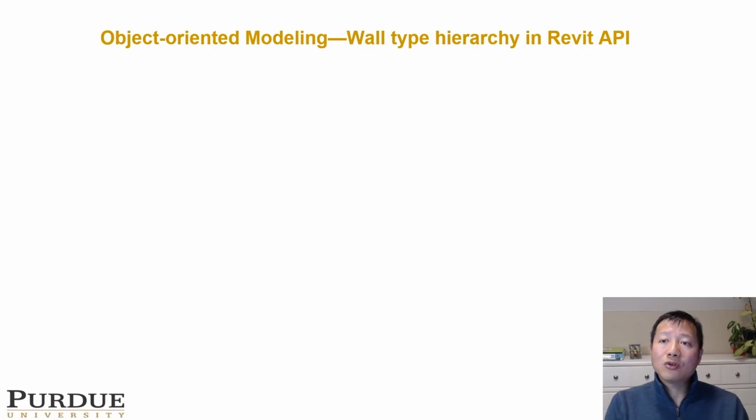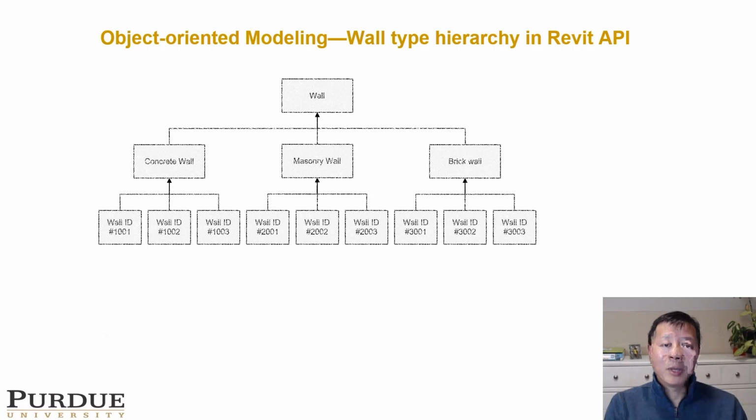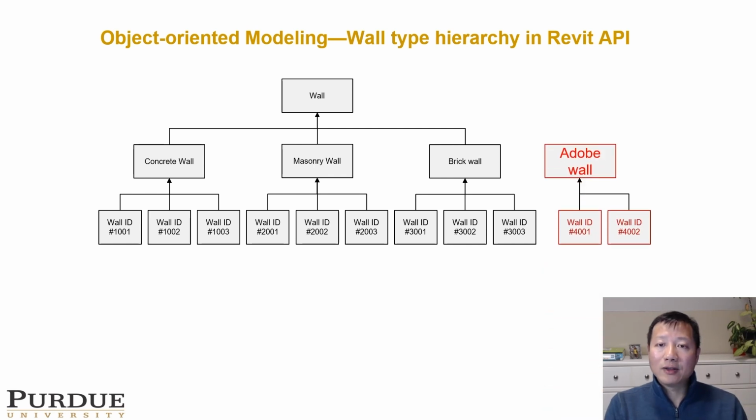So how do we implement that in the Revit API? Let's say you have your wall, and by default you have concrete wall, masonry wall, and brick wall. They are all specializations, right? You can also create another specialization of your wall class.